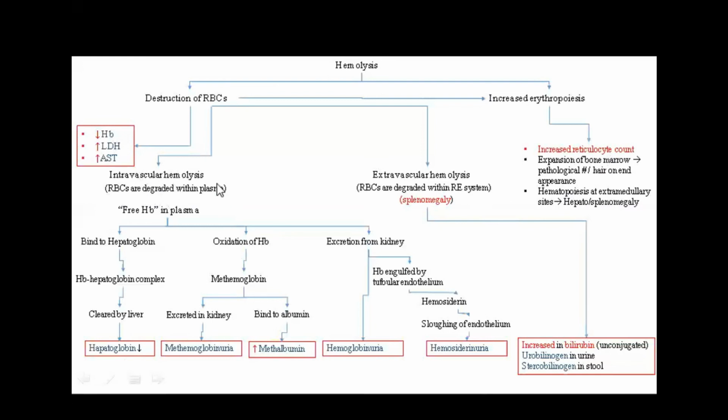Intravascular hemolysis will have decrease in the haptoglobin or absent haptoglobin, methemoglobinuria, methemalbumin, hemoglobinuria and hemosiderinuria. Okay, what about bilirubin in intravascular hemolysis? The hemoglobin formed is being lost. Some part is being lost in the urine.